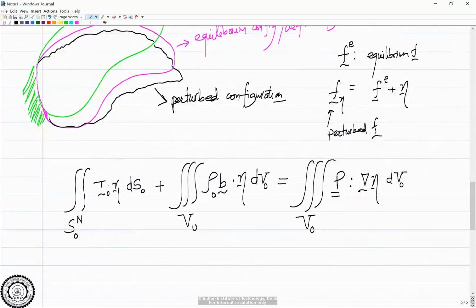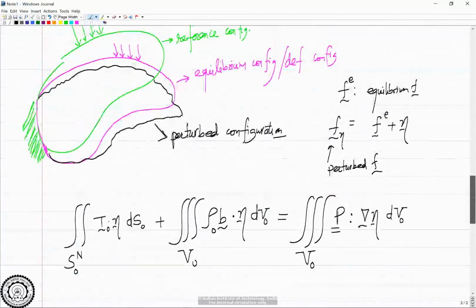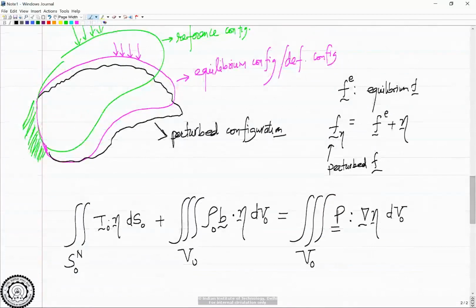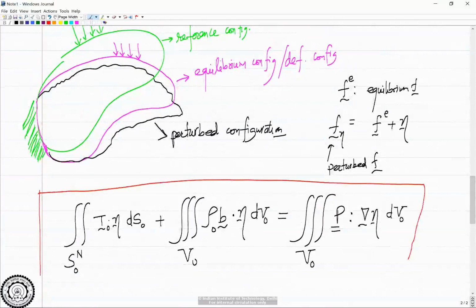Now let us try to analyze each of the terms here. By the way, before doing that, this is what is called the principle of virtual work, so this is called PVW. There are two things here, virtual and work.